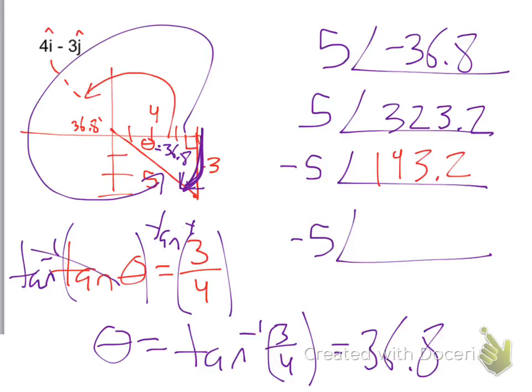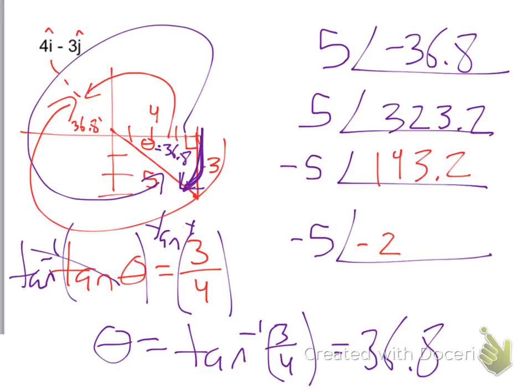And of course, if you're going to meet your friend there, taking the other direction, it's going to definitely be negative. It's 180 plus. What's it going to be?